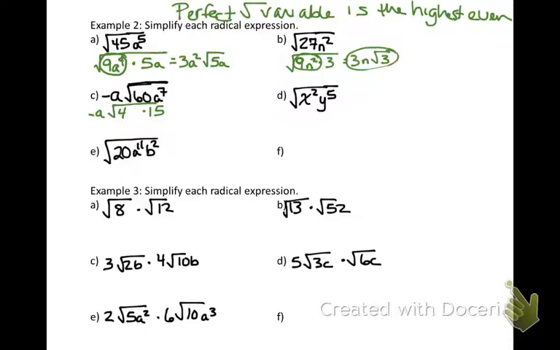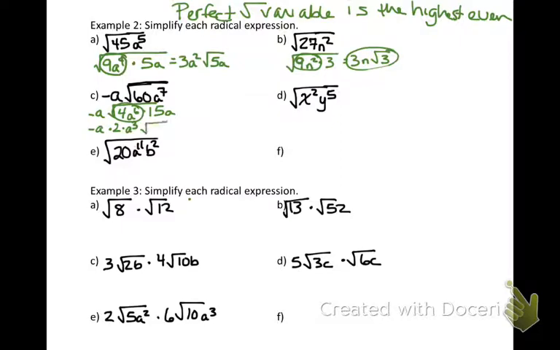Break up a to the 7th. 7 is an odd number, so you go to the one right underneath 7, which would be a to the 6th. And I still need one more, so that's 15a. So now I break up 4a to the 6th. So I have negative a times the square root of 4 is 2, times a to the 6th would be a cubed.